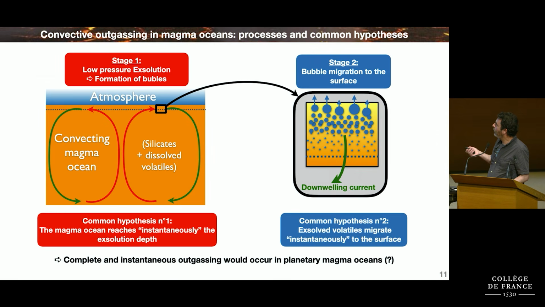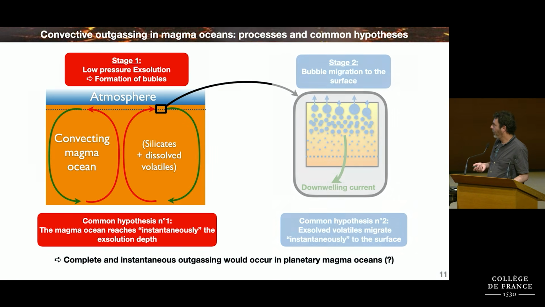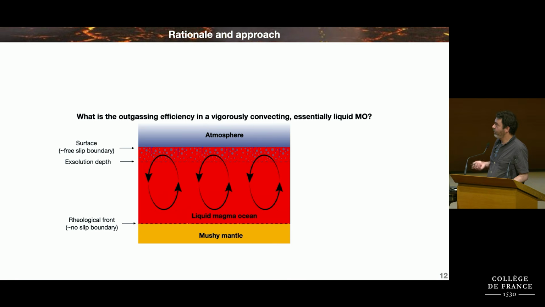So today I will not focus on this one. I will focus on this bottleneck. But with these two assumptions, this basically brings us to the expectation of a complete and instantaneous outgassing of volatile elements in a planetary magma ocean, and we wanted to test this hypothesis. And again, this is what I will focus on during the rest of this presentation.